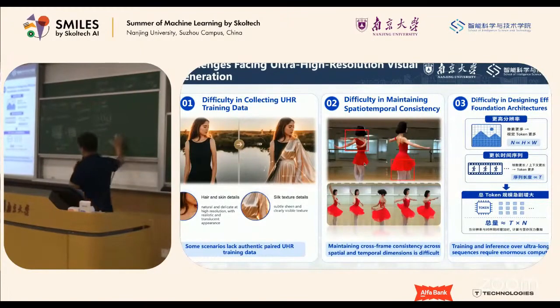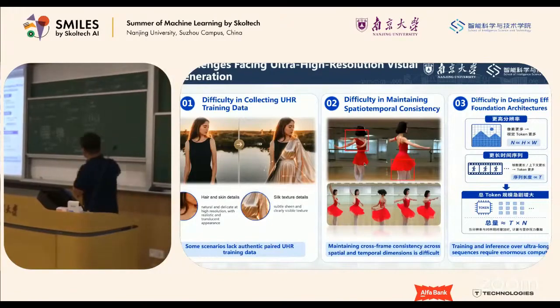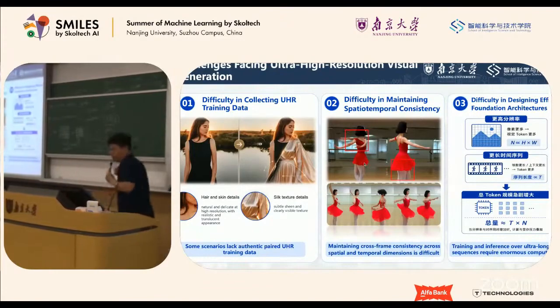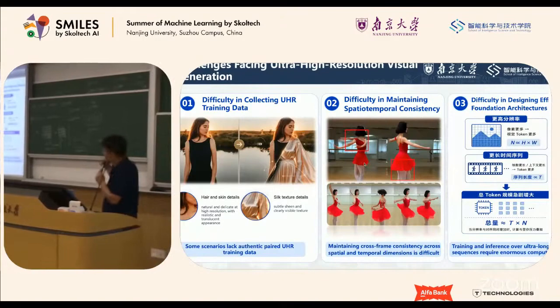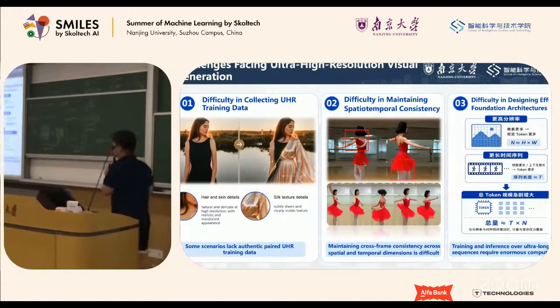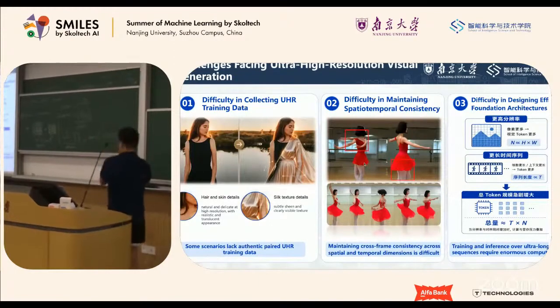That means the visual tokens will substantially increase. That means we will have a larger training and inference cost. So the training or the inference will cost too much.